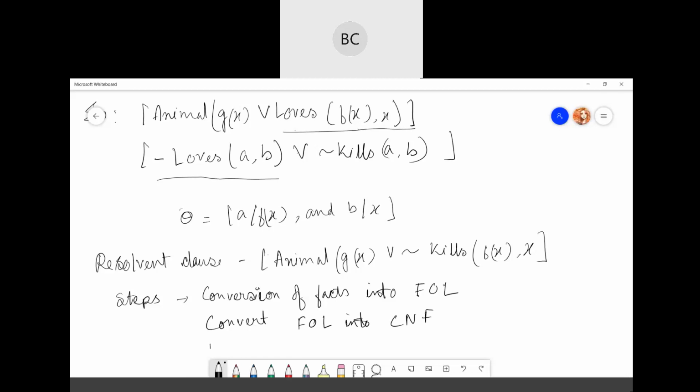Then you will negate the statement which needs to be proved. Proof means, remember, in resolution you always prove by contradiction.